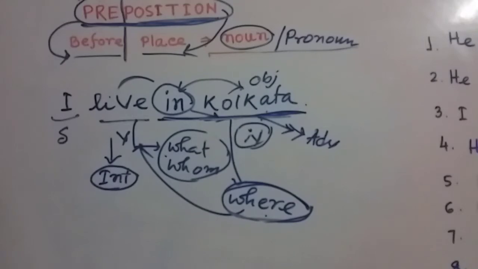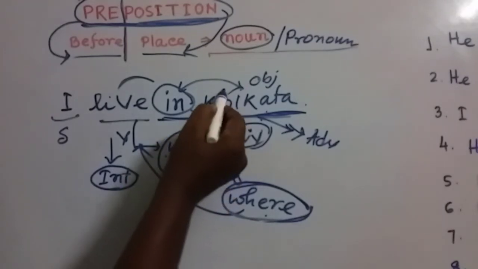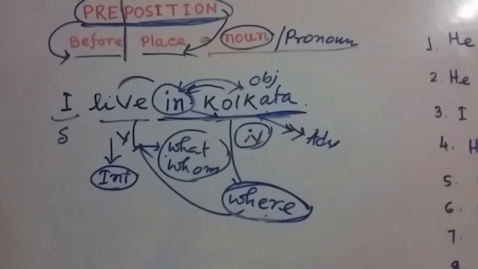Everywhere, if you look at this, obviously you will see that we have changed the manner of the noun or pronoun, and we have made it an adverb. In this situation, we use a preposition.